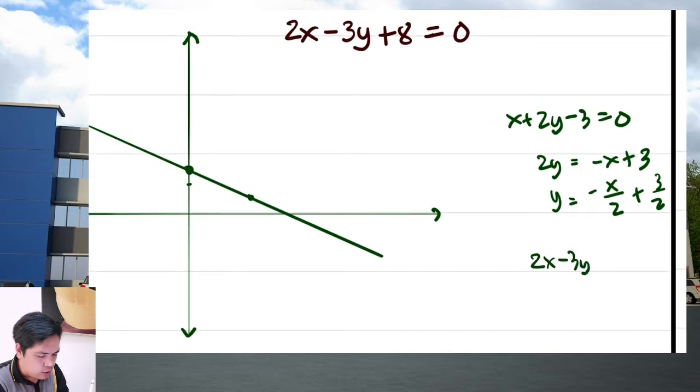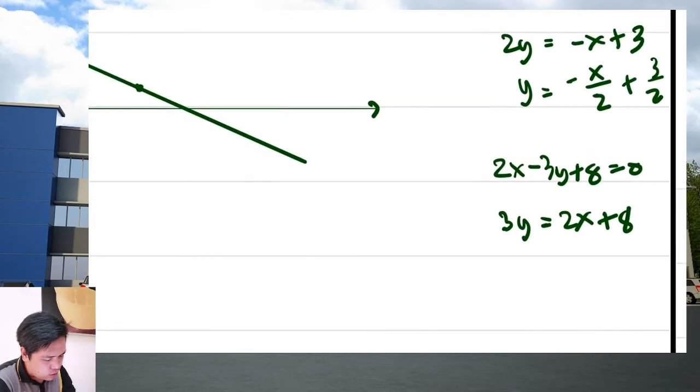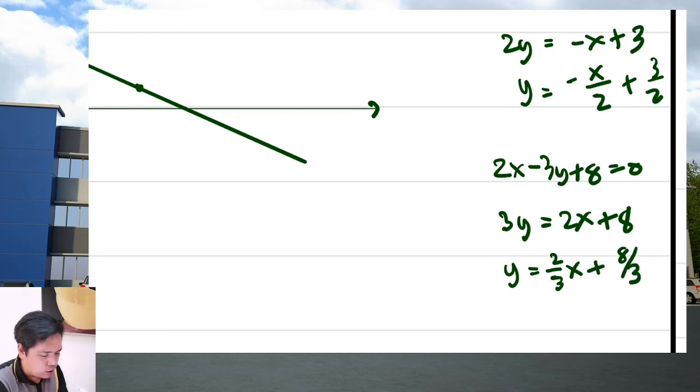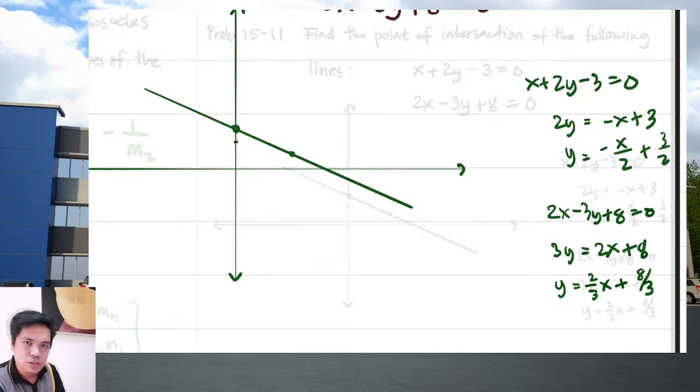2x minus 3y plus 8 equals 0. So that's 3y equals 2x plus 8. Tama ba? Yung y lang yung na-transpose. So therefore, y is equal to 2/3 x plus 8 over 3. 8 over 3, that's roughly 2.6.